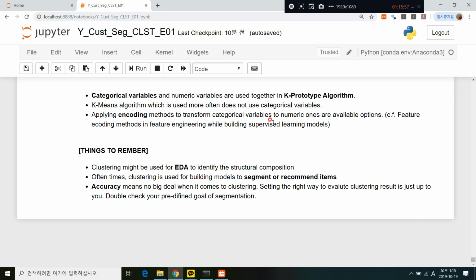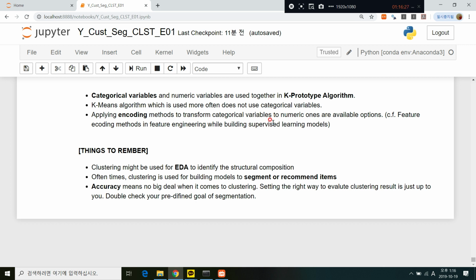It's unsupervised learning. Everything depends on you, and your input decides what is produced. Setting the right way to get the cluster result is just up to you.